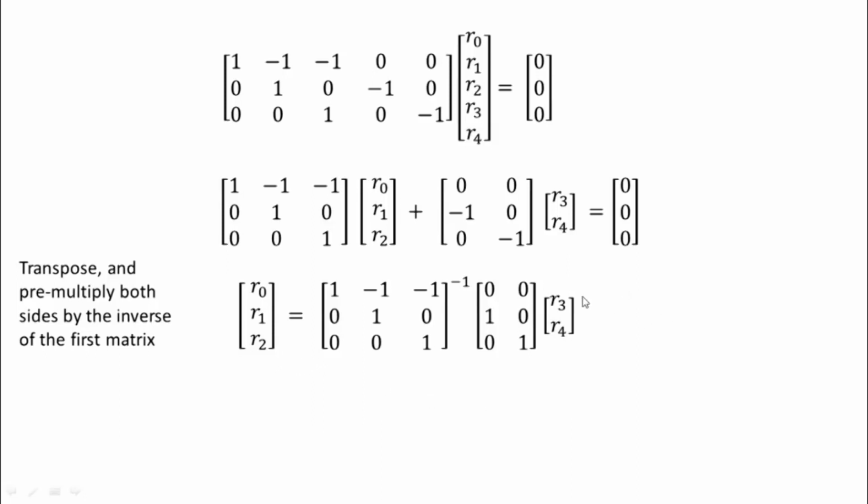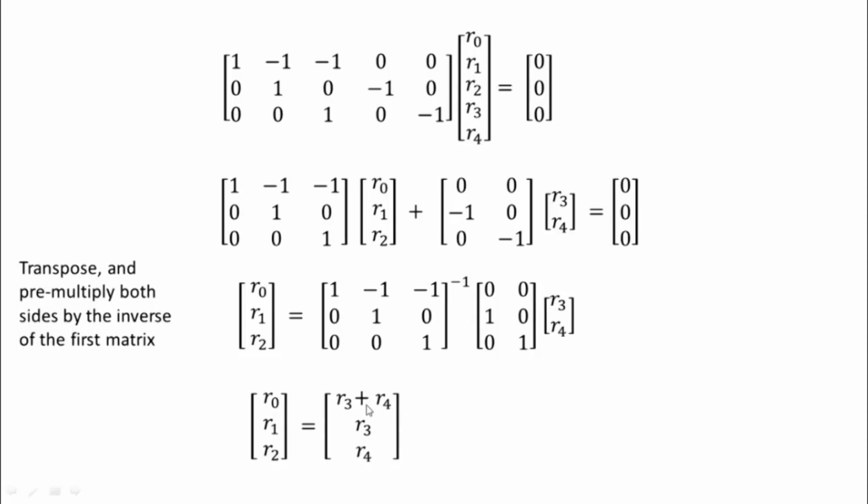R3, R4 are the ones that are being measured here, calculated here from the measurements of C and D. With that we can get R0, R1 and R2. If you work things out, this pre-multiplication would result in R3 plus R4, R3 and R4.